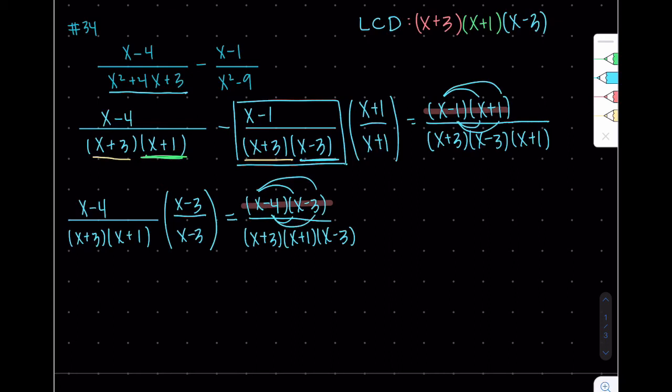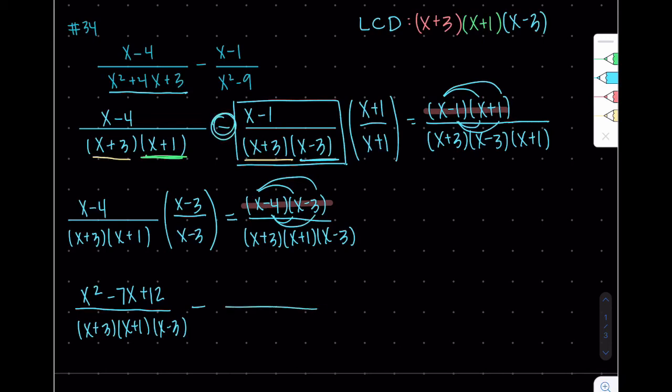And that is going to give us x squared minus 7x plus 12 over x plus 3, x plus 1, x minus 3, minus, don't forget that this is a minus here, we have to remember that.